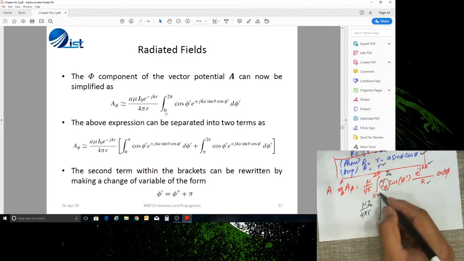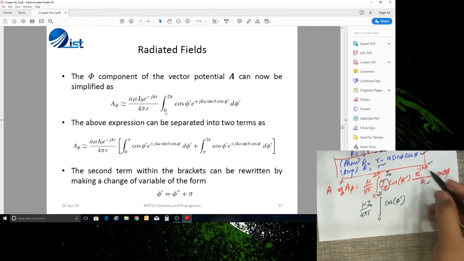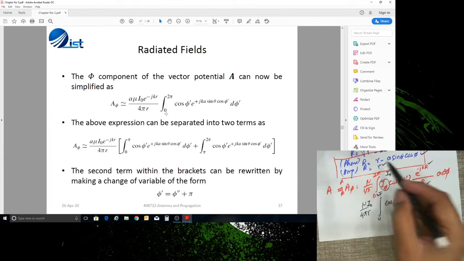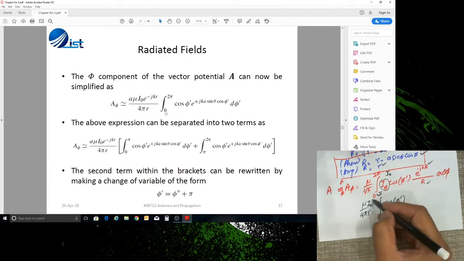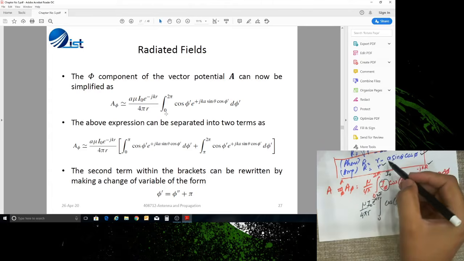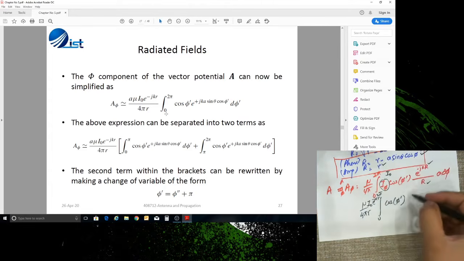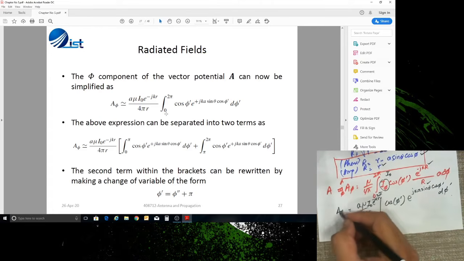So this is 0 to 2 pi cos of phi prime, and here in this case we have R equal to small r minus a sine theta cos phi prime. So we can take this r outside, with positive sign, so we can write e raised to power minus j k small r over here, and this second term is negative, so negative will be positive, so it will be e raised to power j k a sine theta cos of phi prime. And you have a over here, we can take that a outside as well, and you have d phi prime over here as well. So this is your A phi.